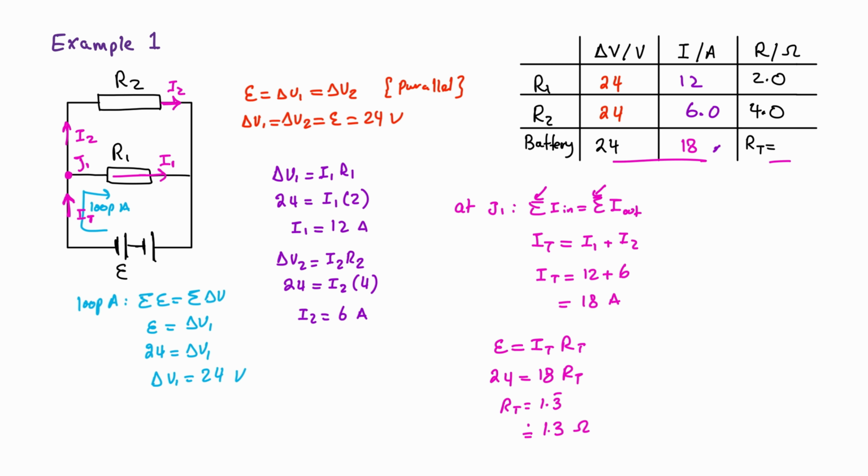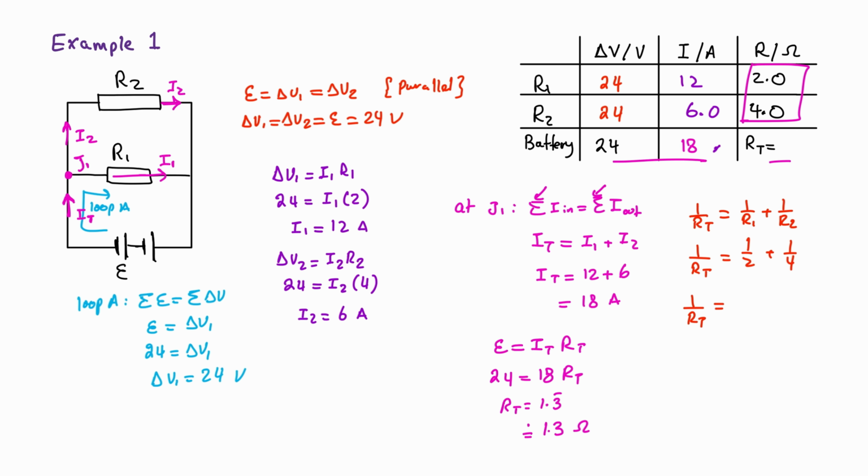Now, alternatively, I could have used these two sets of information to find RT. If I wanted to use that method, I would have written 1 over RT is equal to 1 over R1 plus 1 over R2. 1 over RT is equal to 1 over 2 plus 1 over 4, which is exactly the same question I did last time. Take a common denominator of 4 or do this in your calculator and take the reciprocal.